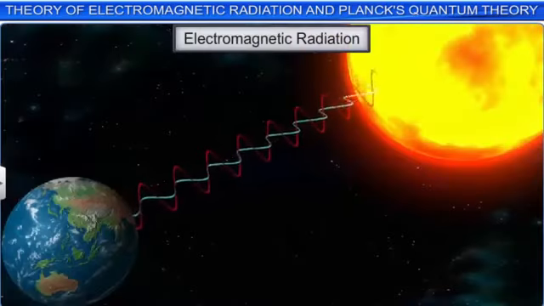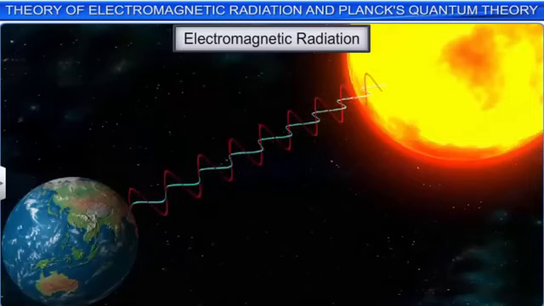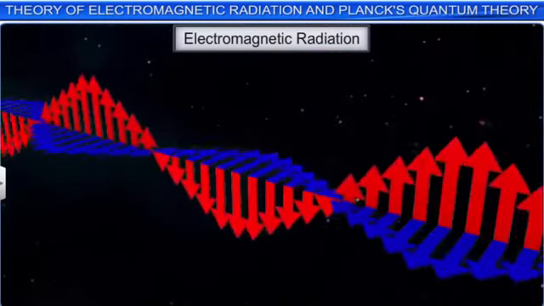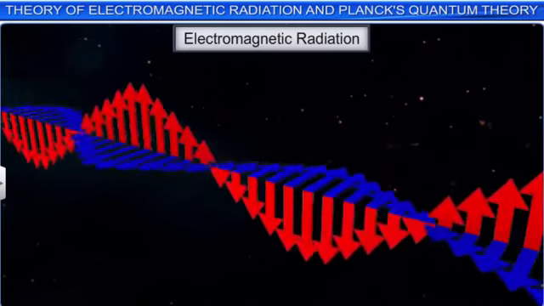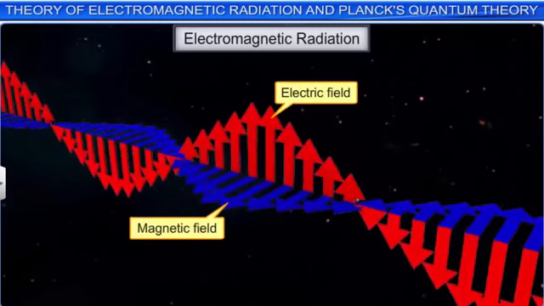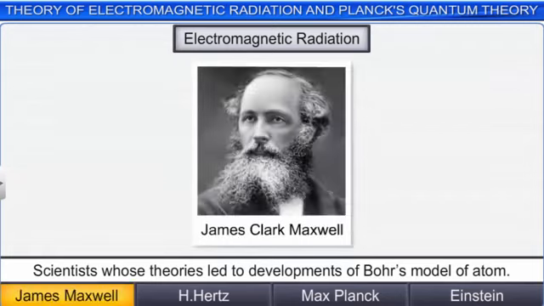Energy can be transmitted through space by electromagnetic radiations. These electromagnetic radiations are the best described in the terminology of waves. The wave nature of electromagnetic radiation was established in 1870 by James Clerk Maxwell.